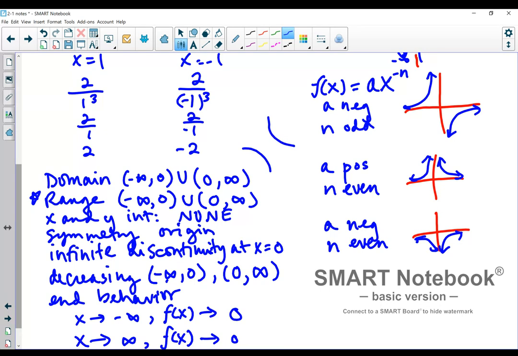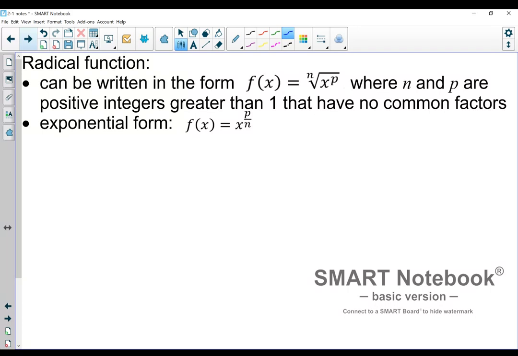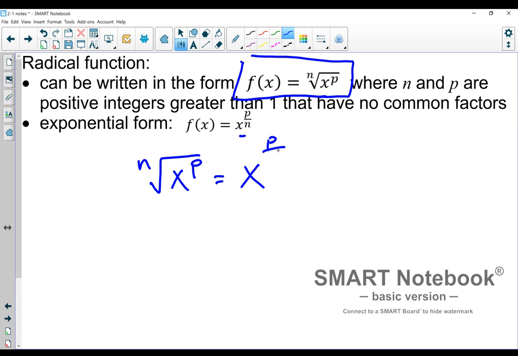So now some stuff about radical functions. Radical functions can be written in this form. So we have a root, we could have an exponent also. The big thing is making sure that you know that this is equal to this, so that the nth root of x to the p power is x raised to the p divided by n power.